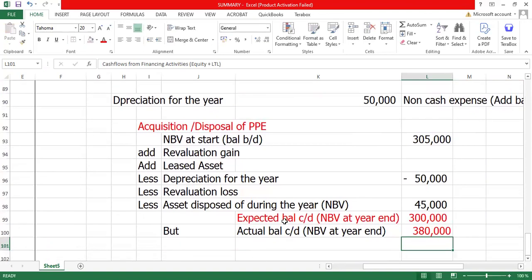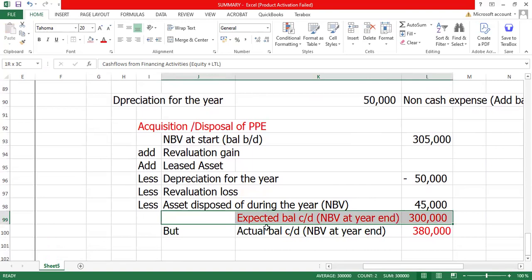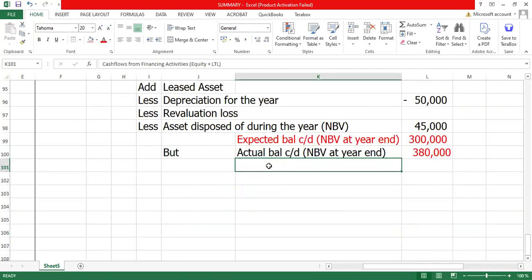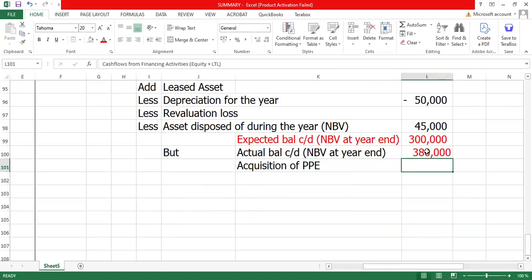Someone tell me, when you compare, what does this tell you? Did the company acquire or dispose of more PPE? You expected the value to be this, but the actual is this. So for the actual to increase, it means that the company acquired more PPE. So here you will have the acquisition or the additions of PPE.